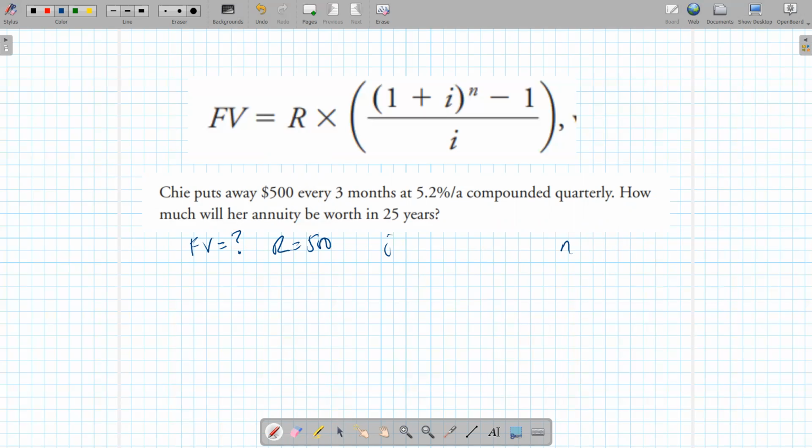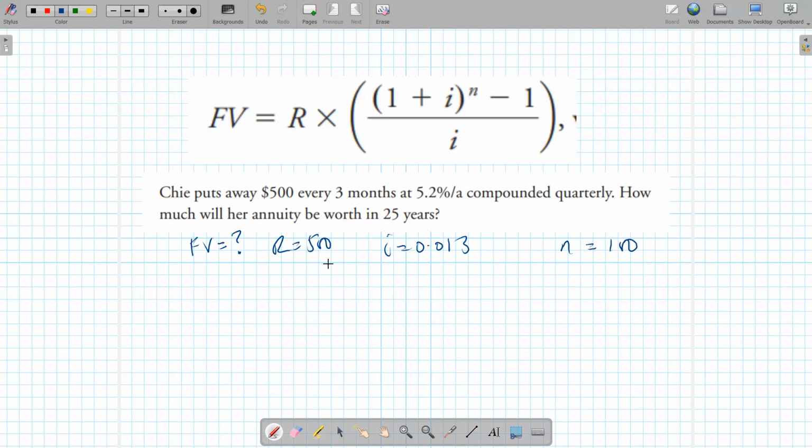0.052 divided by 4 for I, and that's 0.013. And then 25 times 4 for N. What is 25 times 4? 100, right?